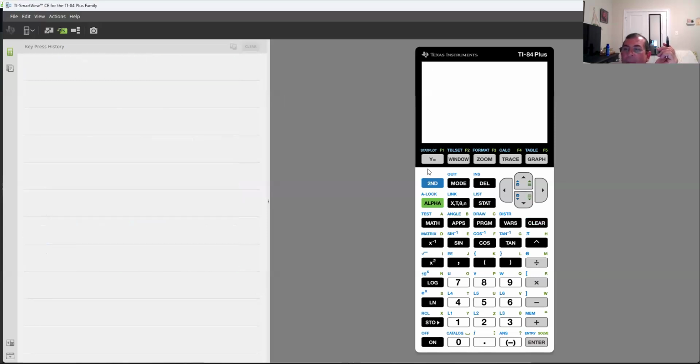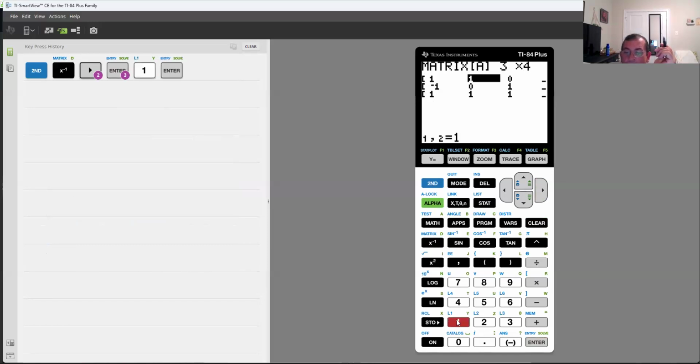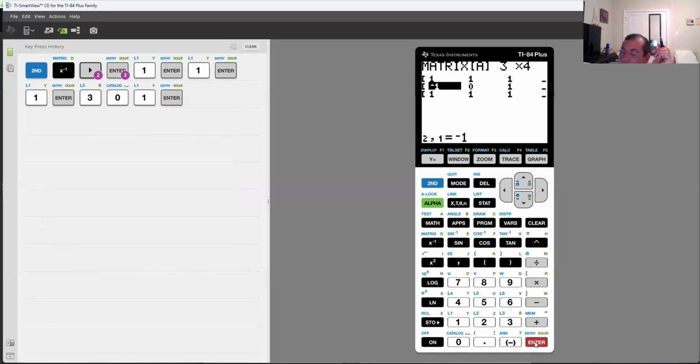All right, so I'm going to go edit my matrix by hitting second, X -1, arrow over to edit, and enter. All right, so I got a 3x4 still. So I had 1, enter, 1, enter, 1, enter, 301, and enter.